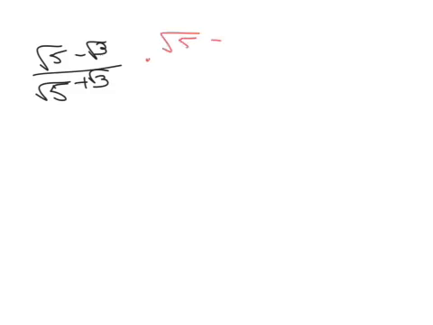Okay, and finally let's do number 78. And then we'll call that good. Square root of 5 minus square root of 3, over square root of 5 plus square root of 3. Alright, so remember we multiply by the conjugate. I'm going to go a little bit fast because I'm running out of time here on my recorder.